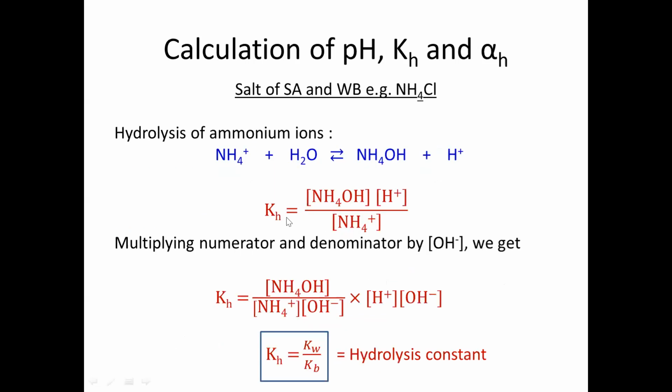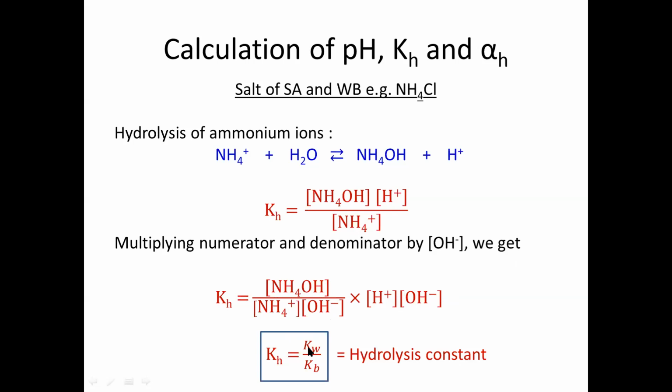So from this expression of Kh, we can multiply the numerator and denominator by OH minus ions, and we get Kw, since H plus into OH minus is equal to Kw, and this is an expression of the inverse of Kb, that is the dissociation of ammonium hydroxide expression.